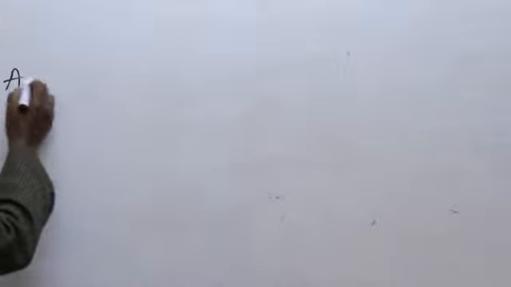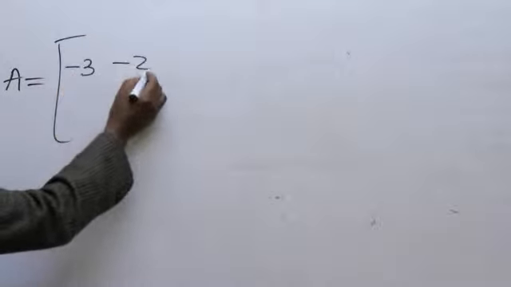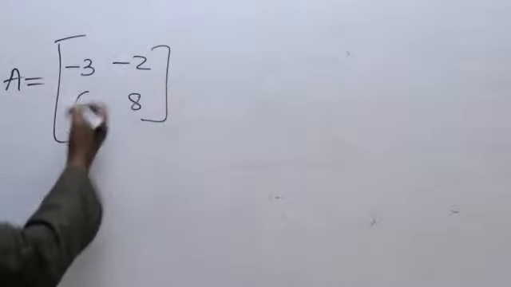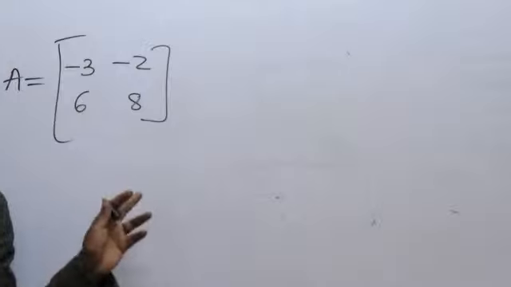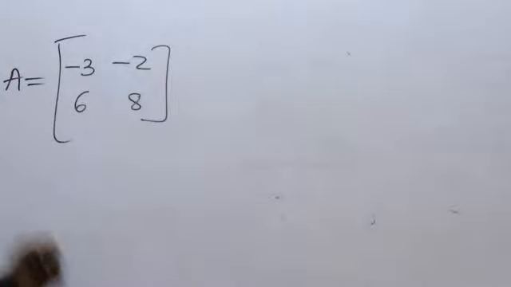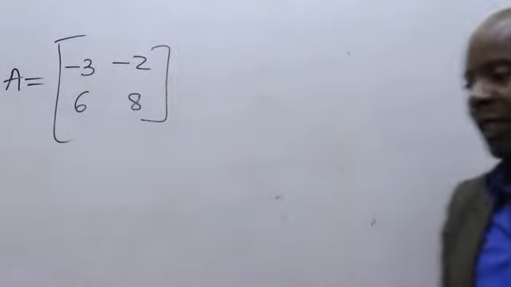You're given A equals -3, -2, 6 and 8. And somebody tells you to find the inverse of this particular matrix.